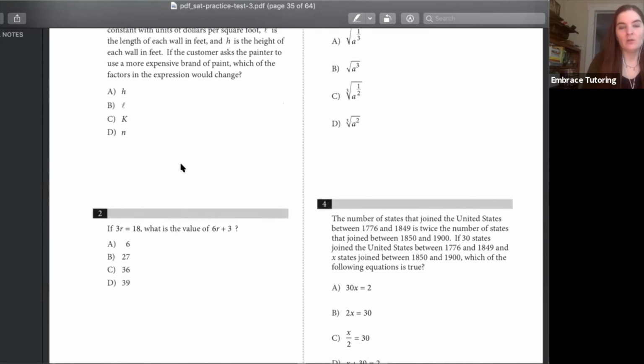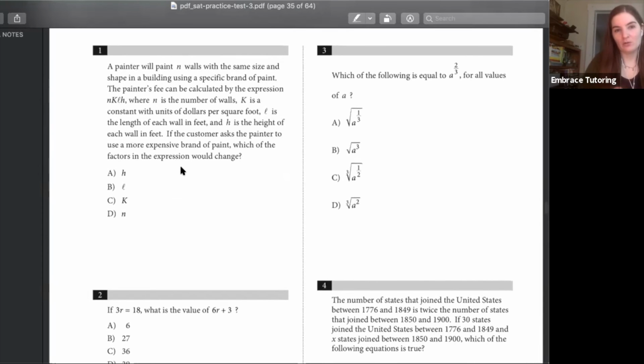So one of your main strategies that you can use with the math test, which I've talked about before, is process of elimination. You can use that to help you eliminate incorrect answers, or things that you definitely don't think sound right, even if you're only making an estimated guess based on the information.